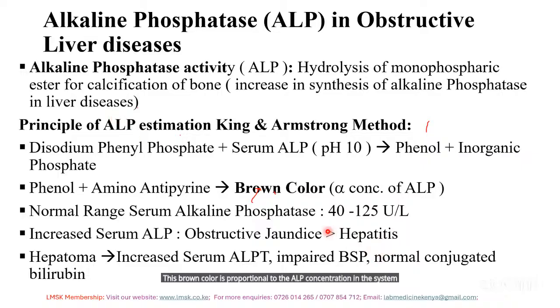The normal range will be from around 40 to 120, and it is increased, of course, in obstructive jaundice, hepatitis, and also in hepatomas. And this is also coupled with an increase in conjugated bilirubin. Conjugated bilirubin is a post-hepatic condition, which means that this bilirubin has already gone through the liver and has gotten conjugated.